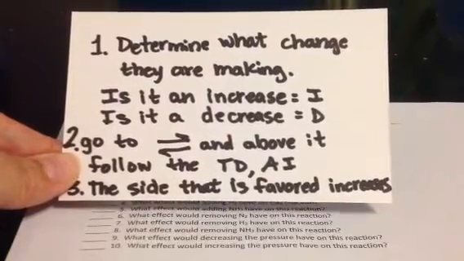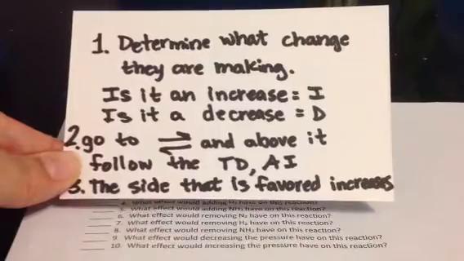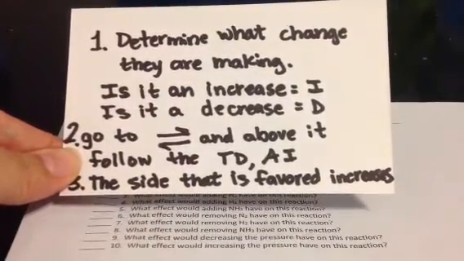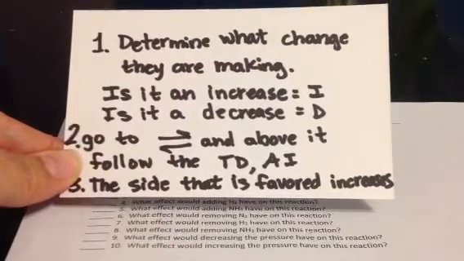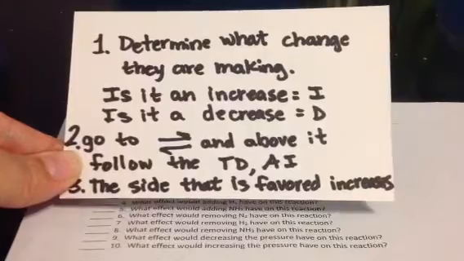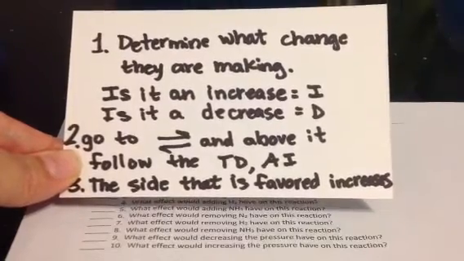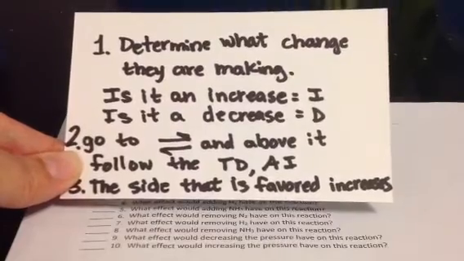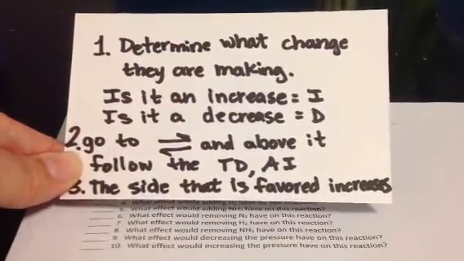And above it, you're going to follow your TD AI directions, which is that you're going to go toward a decrease and away from an increase. And the side that's being favored, when I say this reaction is going to shift in whichever direction in favor, that means that side is going to be increasing.